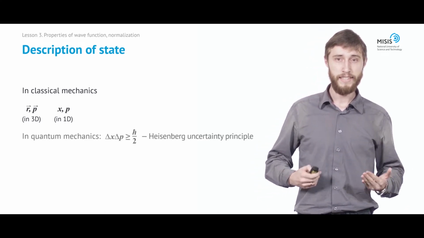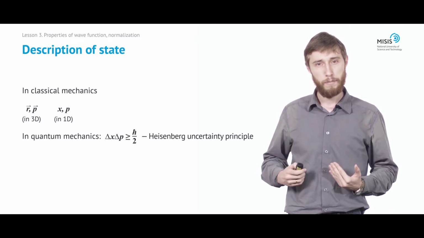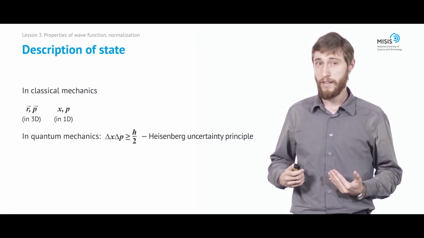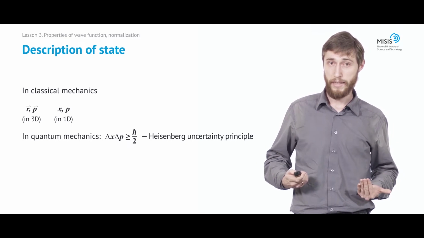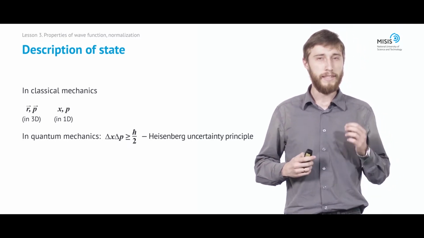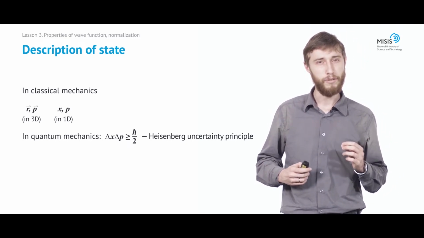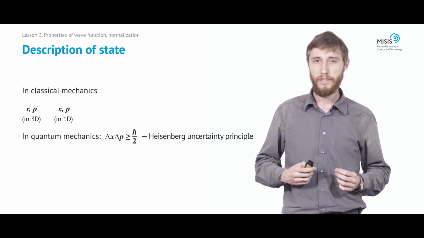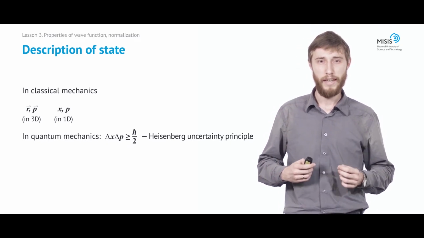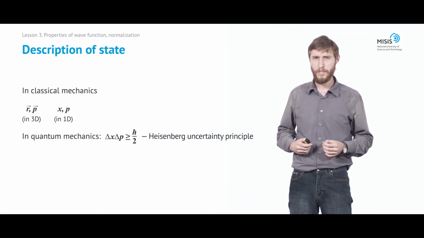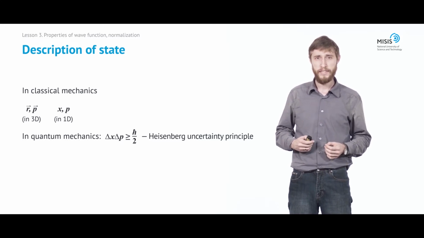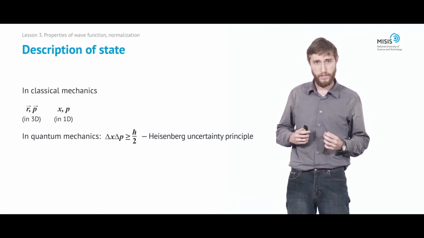But quantum mechanics tells us that a particle cannot possess a definite coordinate and definite momentum simultaneously. This is called the Heisenberg uncertainty principle. We'll discuss it in more detail in the next episodes. On the other hand, quantum mechanics tells us that particles actually behave like waves.